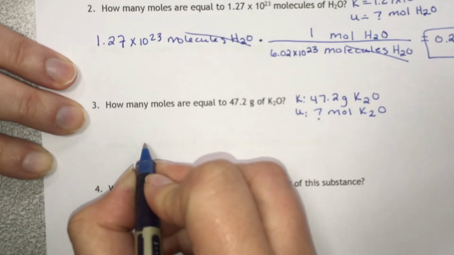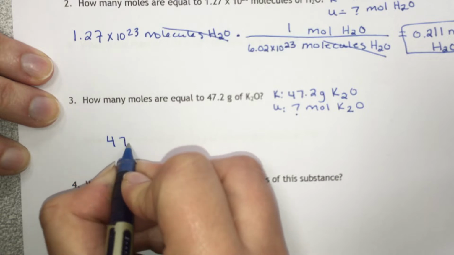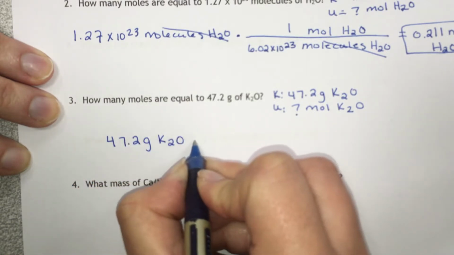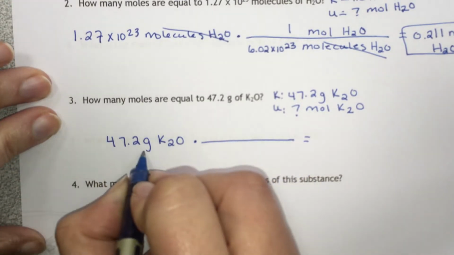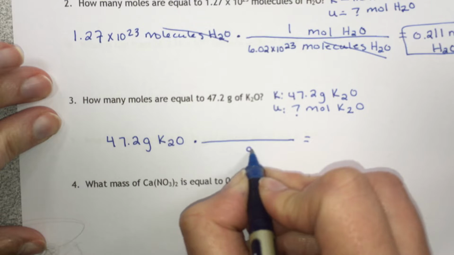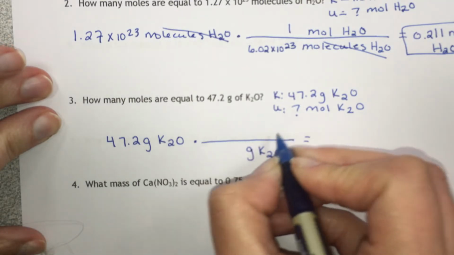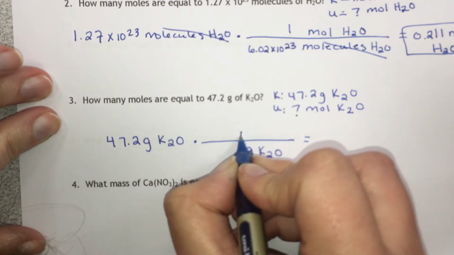Okay, so I always write my known first, which is 47.2 grams of K2O. Times and equals. So whatever's here must go down here, grams of K2O. And whatever's up here is our unknown, unless it's a two-step conversion, then we have to do something else.